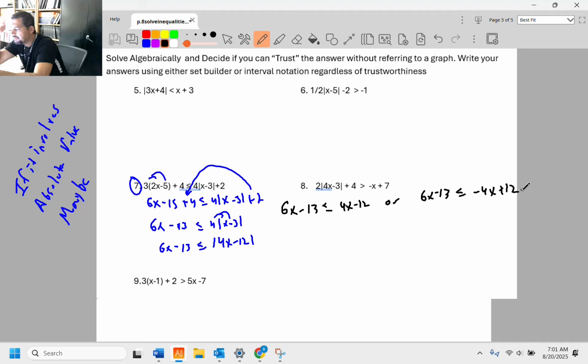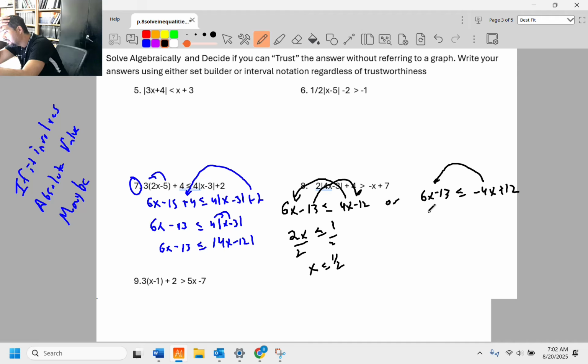And then we just do algebra, right? 6 minus 4 is 2. Negative 12 plus 13 is 1. I'm sorry, I'm a step ahead. And if we divide out the 2, x is less than or equal to a half. All right, other one.